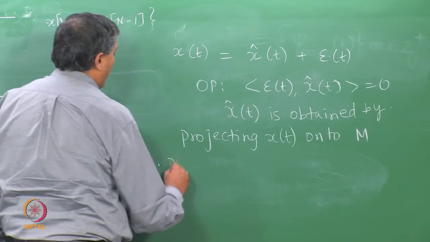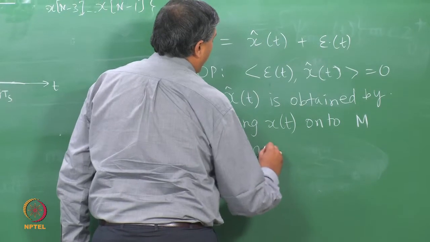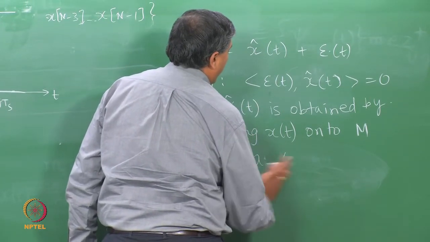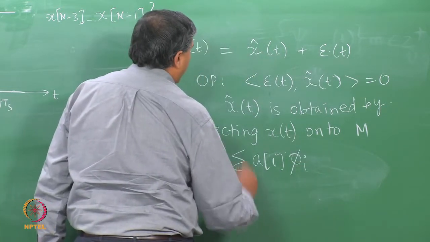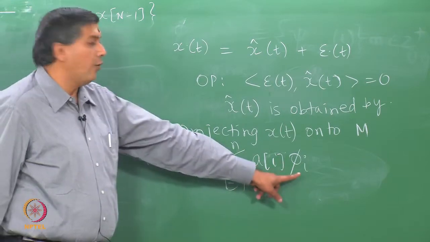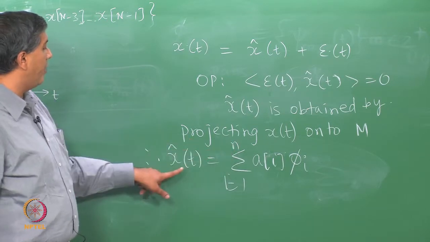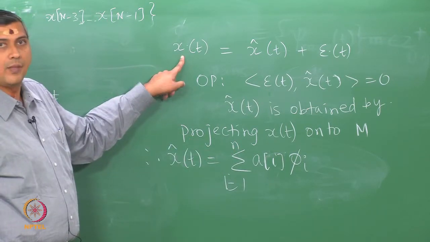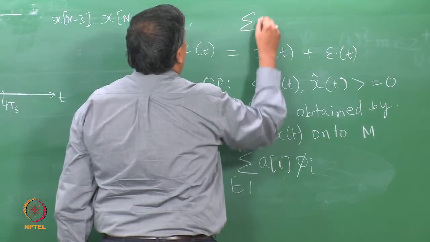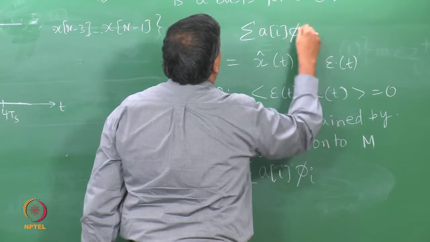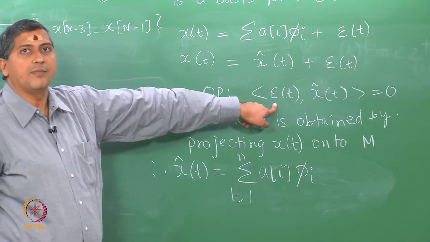Therefore, this is a span of the basis. So, we are saying some combination of the basis functions in the space M will generate an approximation of x, right. Now, I plug this into here, and then I use this result, right.